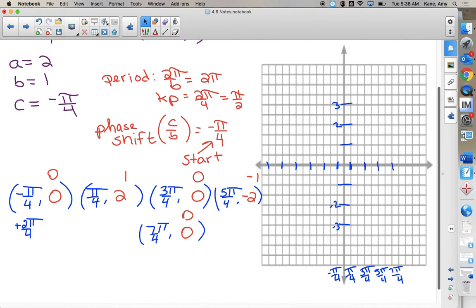So I counted by pi over 4, and I just let each box represent pi over 4. If you wanted to go over 2 spaces to spread it out a little more, I think you just need a couple extra lines on the right side of your graph.